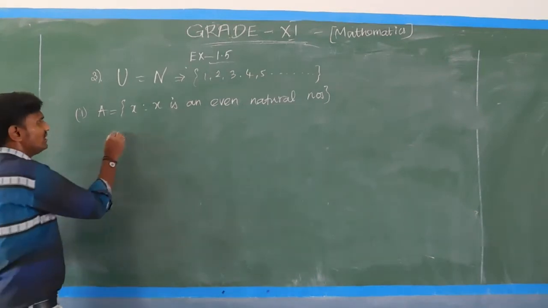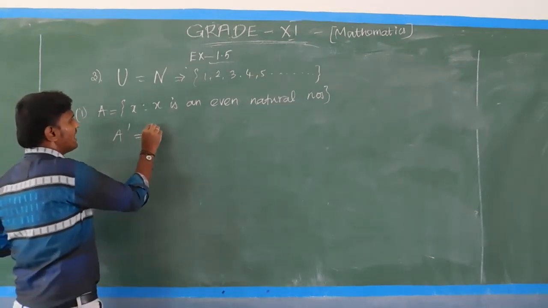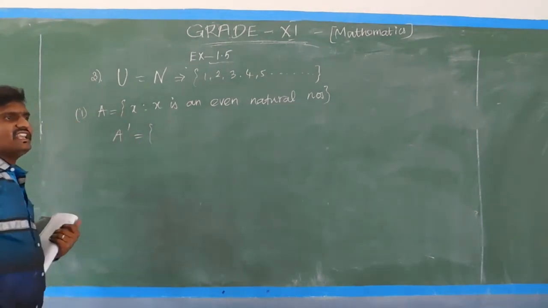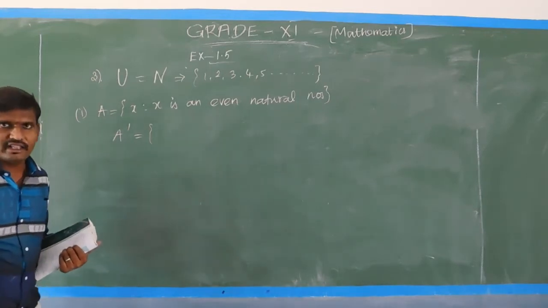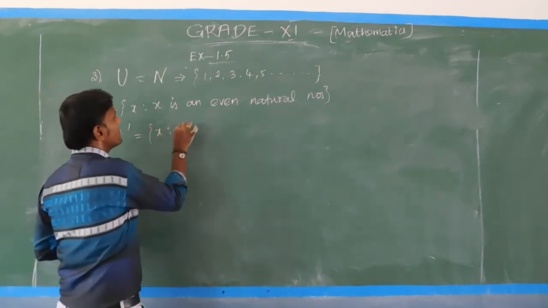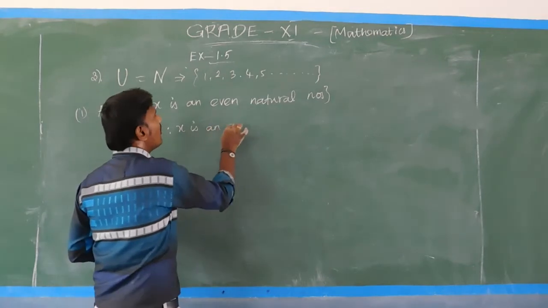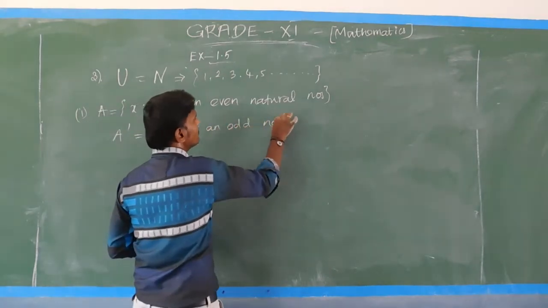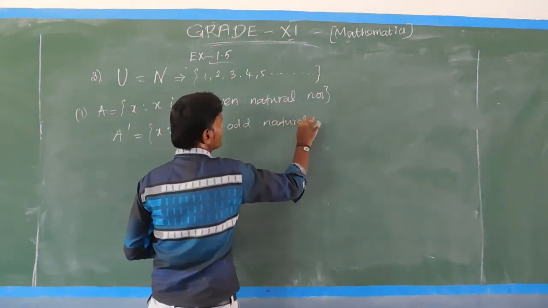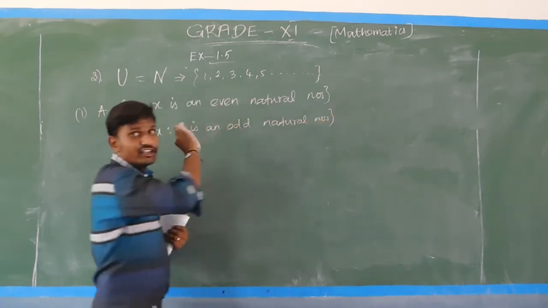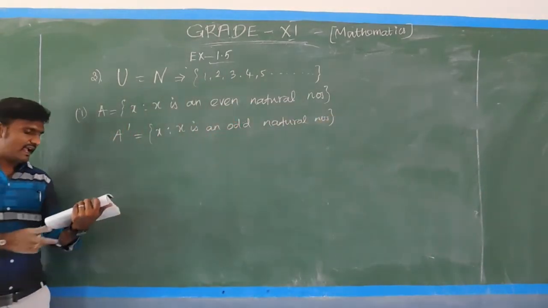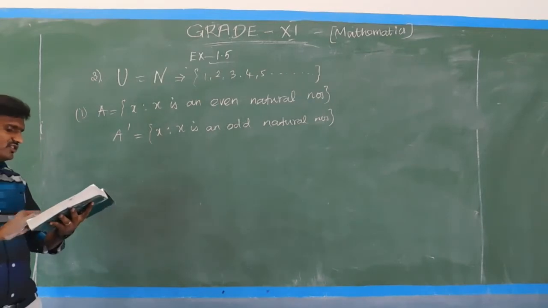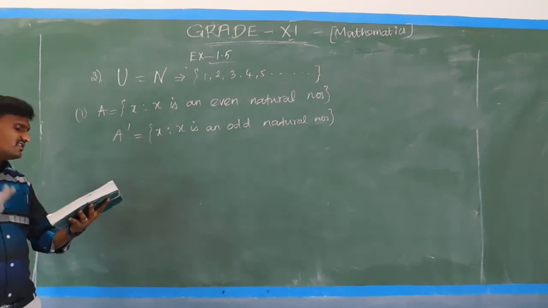Now I am going to take A dash, meaning remove the even natural numbers. So what is remaining? x is an odd natural number. Have you got it, children? So that's all simple. And in the second question also we have the same odd natural numbers given.